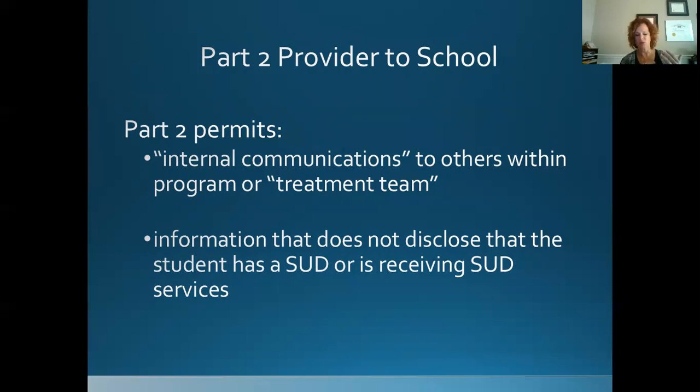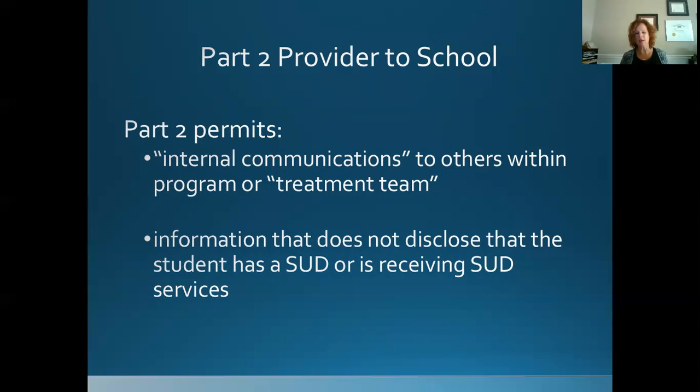So say, for example, a student assistance program is set up and it includes a Part 2 covered provider, and it includes a school guidance counselor, and it includes a school administrator that's ensuring that the student can get the accommodations they need at school in order for them to get their healthcare or treatment needs met, medications, things of that nature. If they're all part of the same treatment team or the student assistance program, Part 2 permits communications to be made to those within the same program.